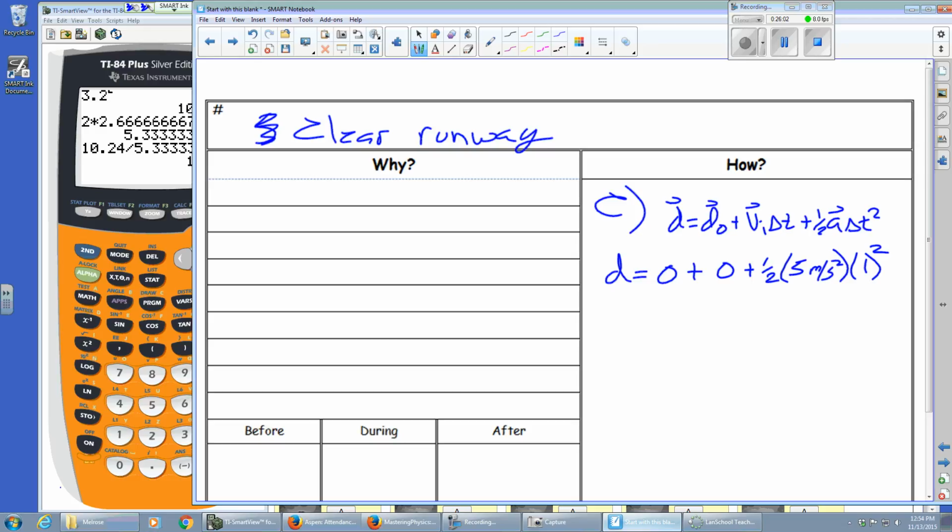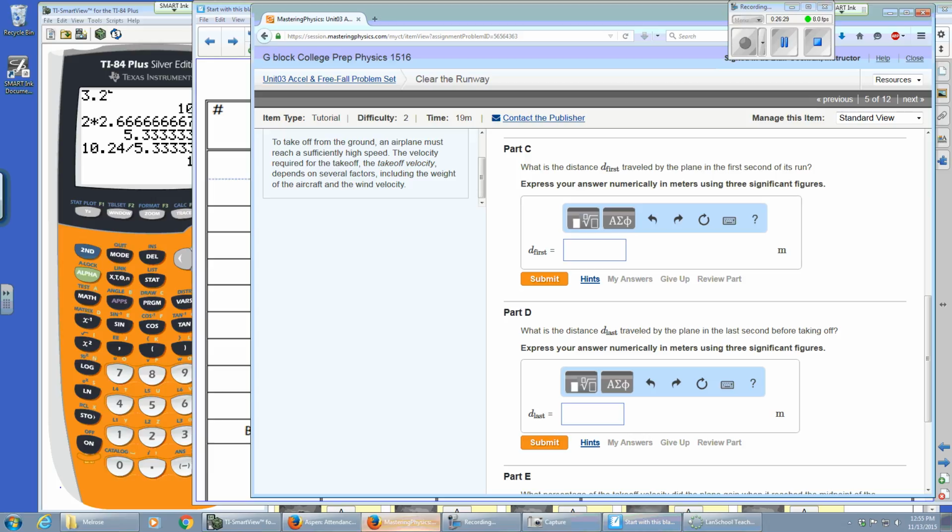So I'm going to square that. Let's see, I may be able to do this one in my head, right? 1/2 times 5 is 2.5. 2.5 times 1, 2.5. So mine should be 2.5 meters. Double check just because it's Friday. You never know on a Friday. 3 sig figs at 2.50.